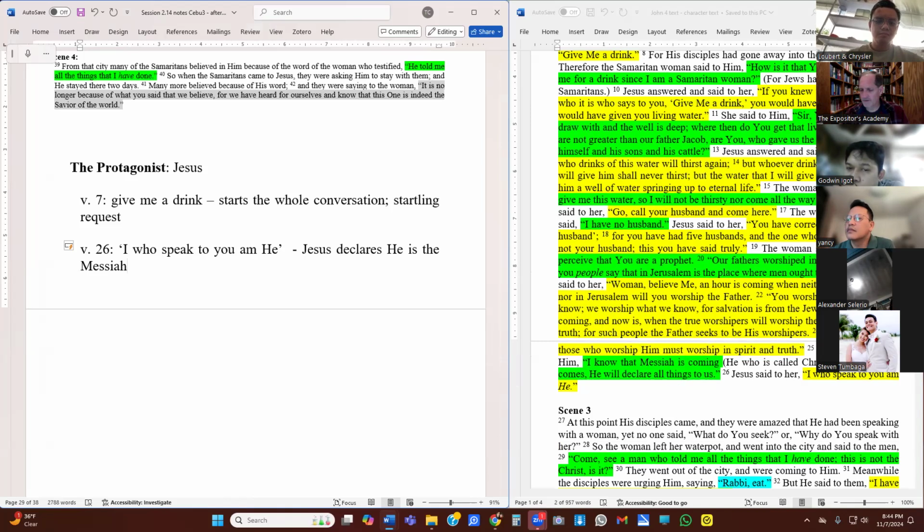Any others that stick out to you? The spiritual drink. Everyone who drinks this water will thirst, but whoever drinks the water I give will never thirst. From verses 13 to 14.